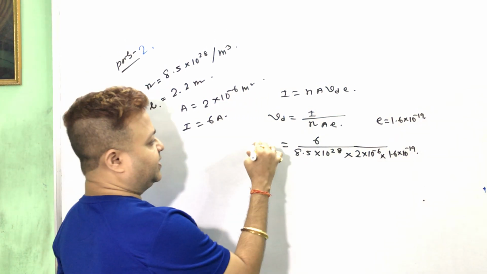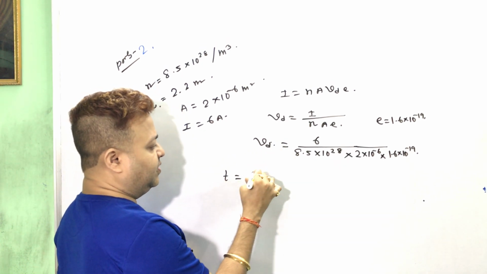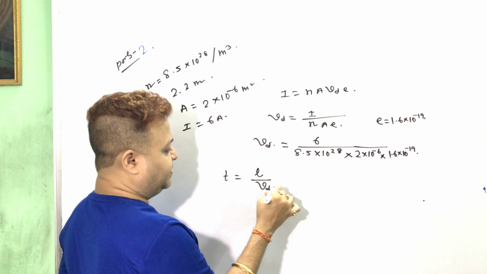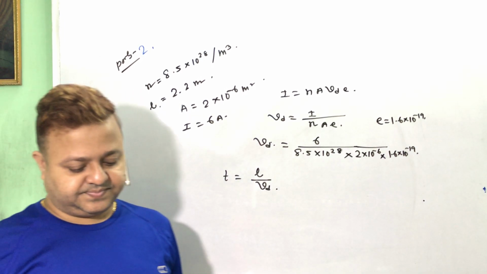You can find the drift speed, then time equal to length by drift speed. Length is given, 2.2 meter.